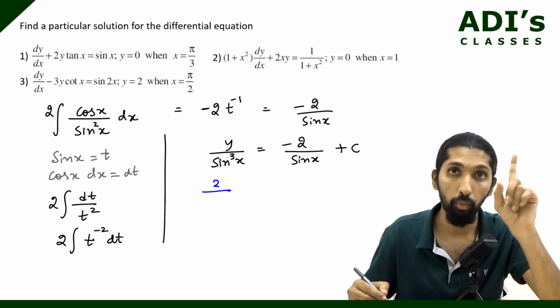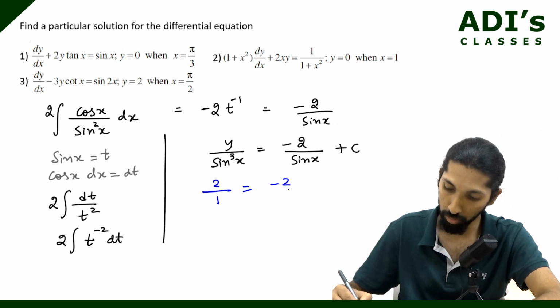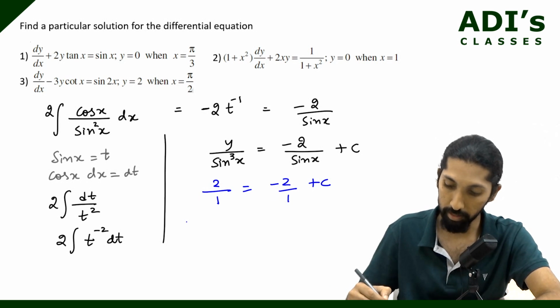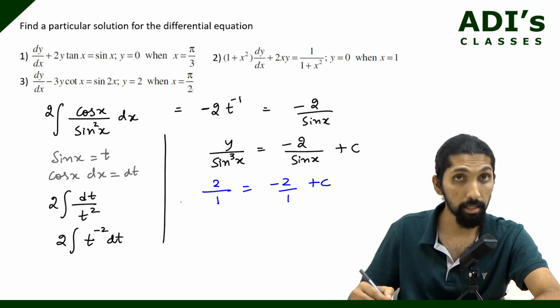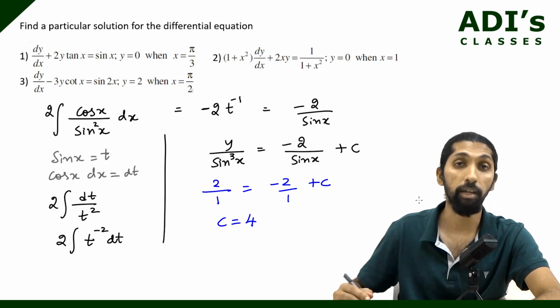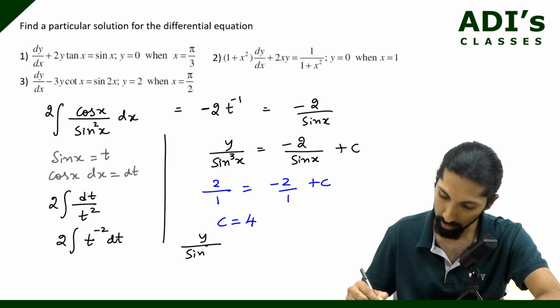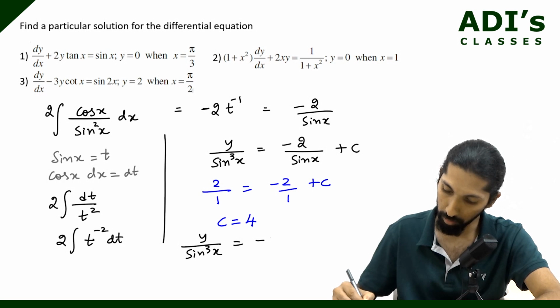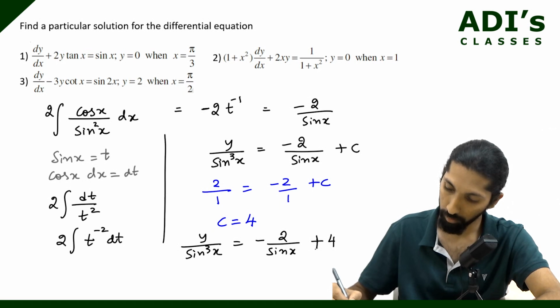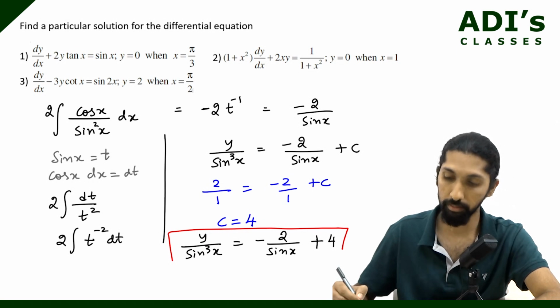What is sine pi by 2? 1. 1 cube is 1 is equal to minus 2 by 1 plus c. So minus 2 goes this side, which is basically 4. So c value becomes 4, isn't it? So the final answer is y by sine cube x is equal to minus 2 by sine x plus 4. So this is going to be the final answer.